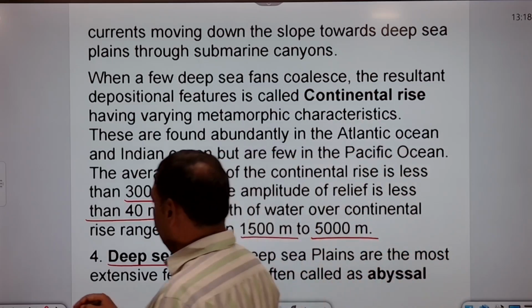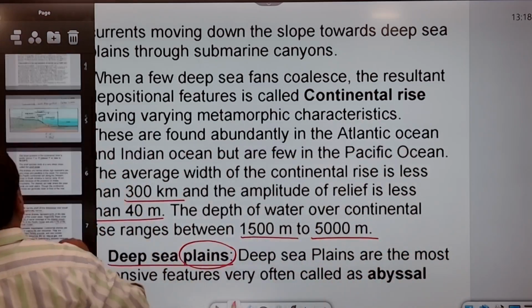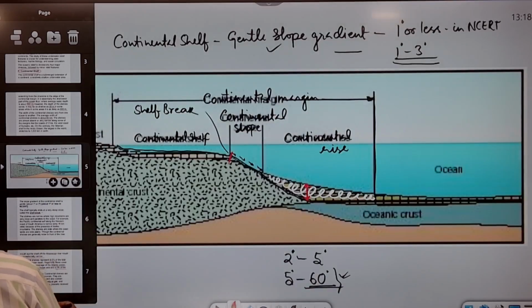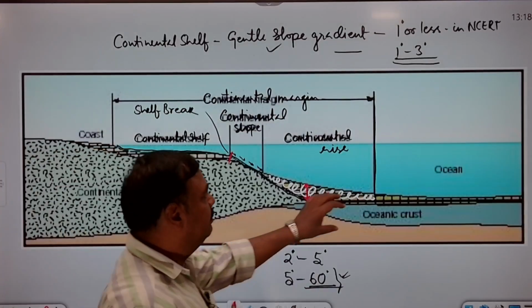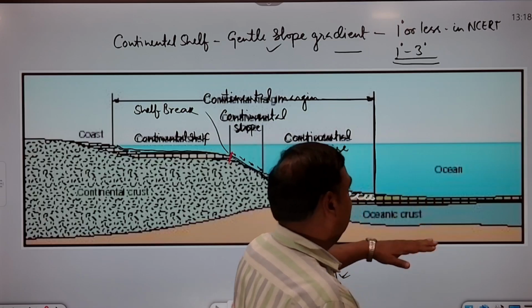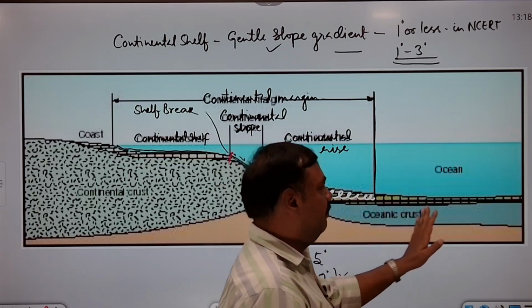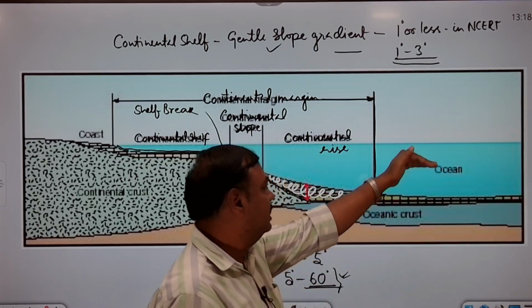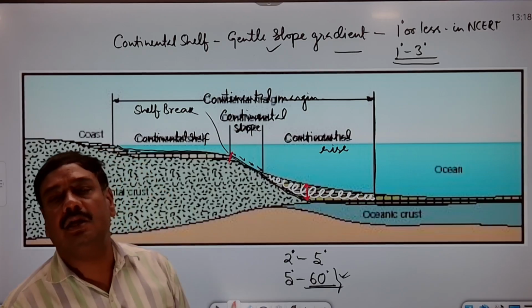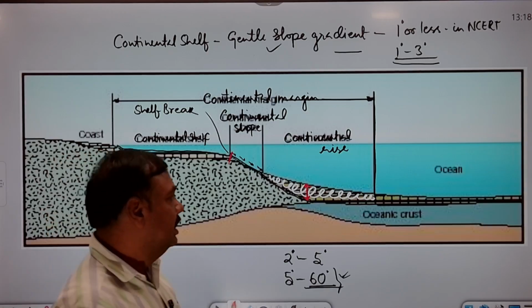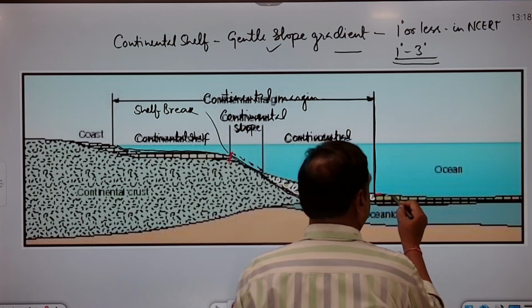And here with the diagram you can infer that these deep sea plain regions are basically found just above the continental crust. It is the portion of continental crust, so they are found just above the continental crust. These deep sea plains are formed.